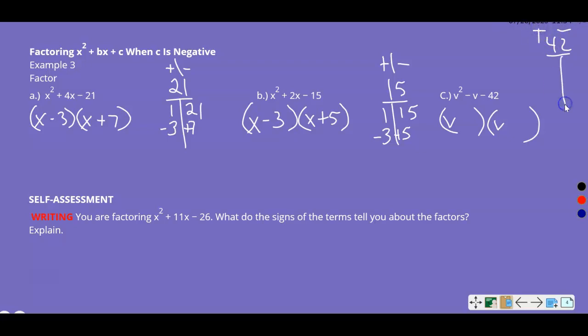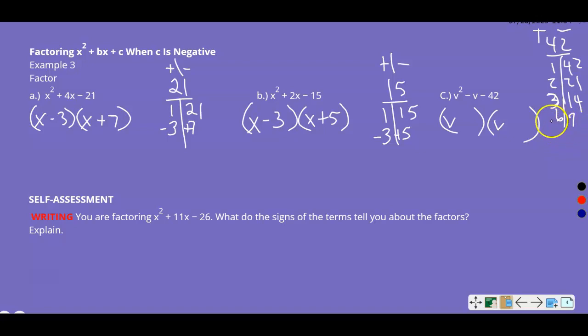All right, so 42 is 1 and 42, 2 and 21, 3 and 14, and 6 and 7. So all of these multiply together to give me 42. Now I know I need one positive and one negative, and in the middle I need a negative 1.